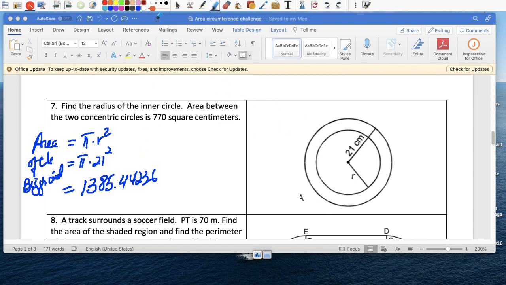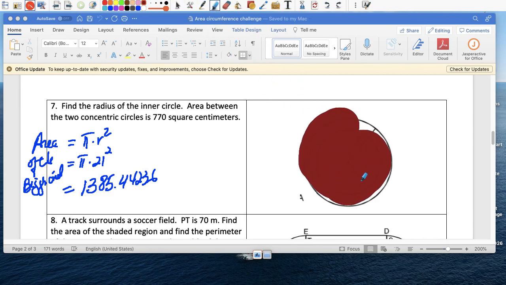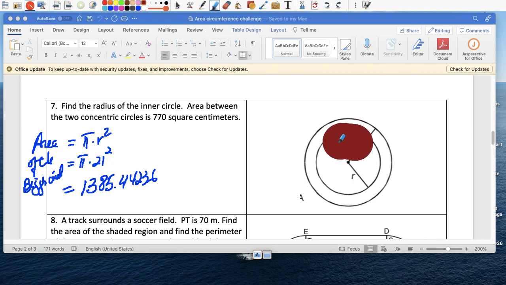Hopefully I don't want to lose anybody here. This is the area of the big circle. Let me shade it again. So that's the area I just found, the full circle.